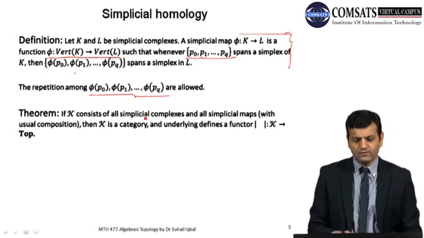If K consists of all simplicial complexes and all simplicial maps, then this makes K into a category. So in this category, what are the objects of K? The objects of this category K are simplicial complexes.